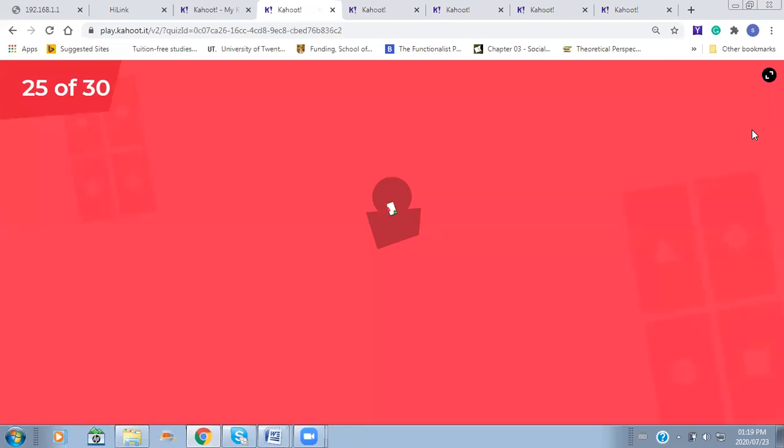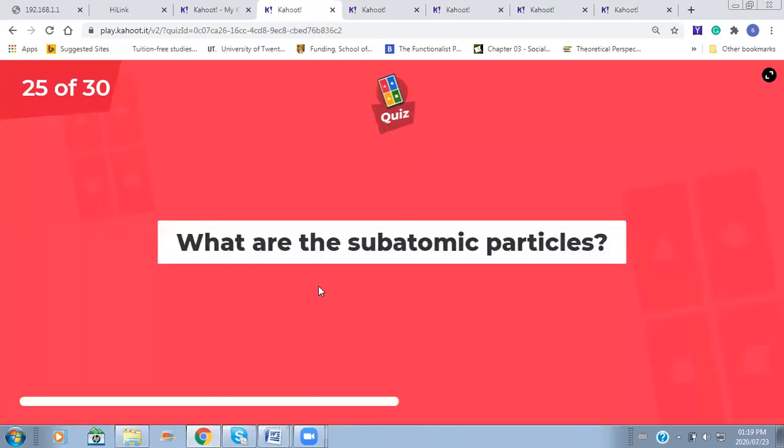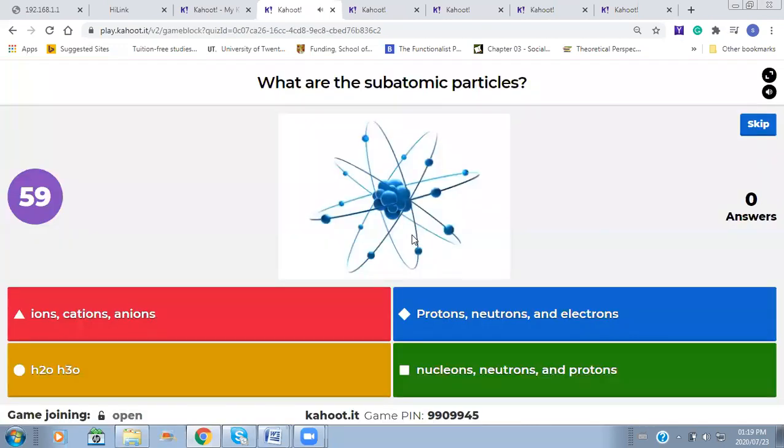Let's go to the next question, 25. What are the subatomic particles? If you were following, this should be an easy take home. Ions, cations, anions, protons, neutrons, electrons, H2O, H3O, nucleons, neutrons, and protons. What is the correct answer?